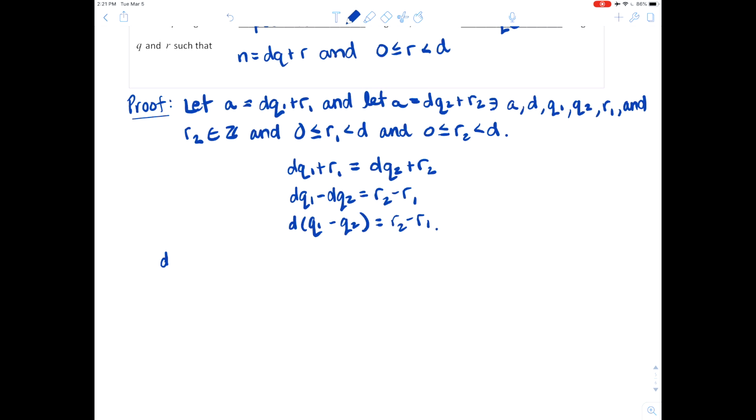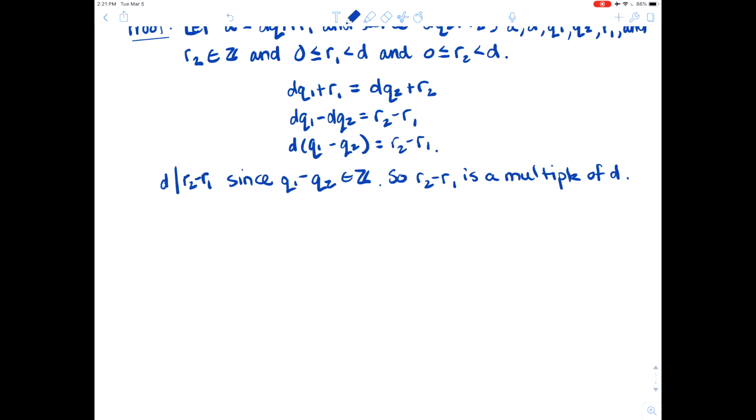This tells us that D divides R2 minus R1, right? Since Q1 minus Q2 is an integer under closure. And so what this is saying is what? R2 minus R1 is a multiple of D, right?